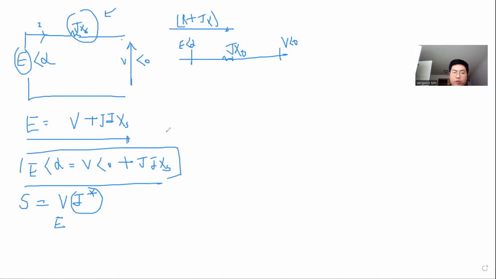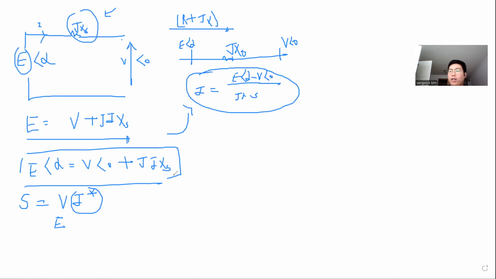So if I change it to I, I is E delta minus V 0 over J X S. This is I.